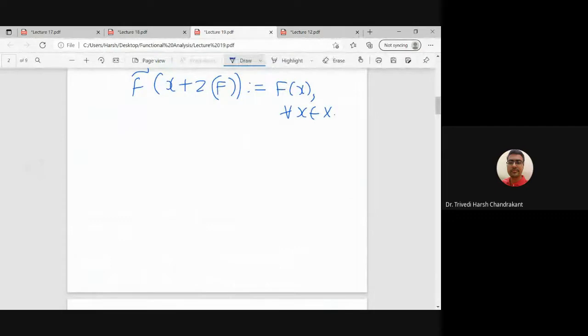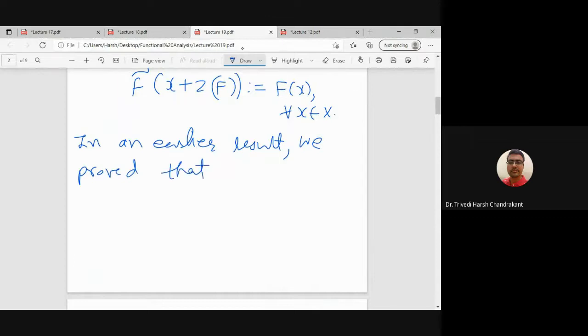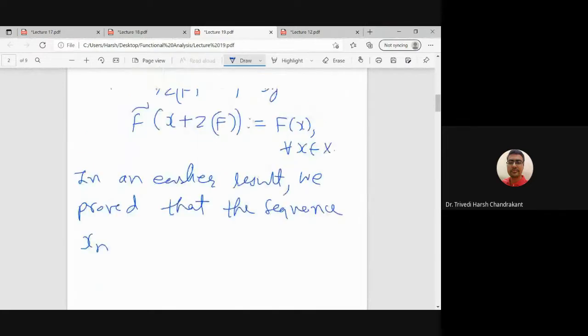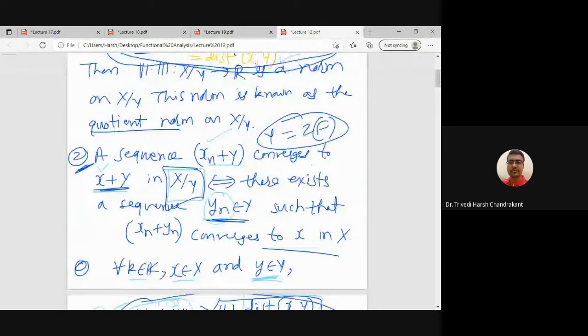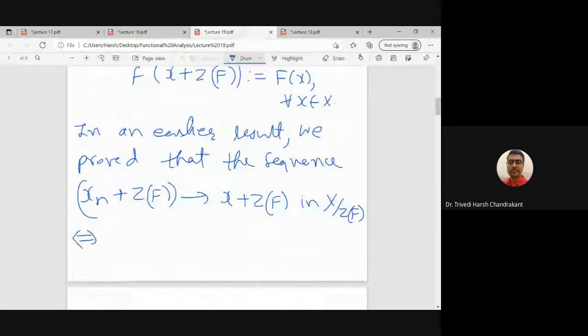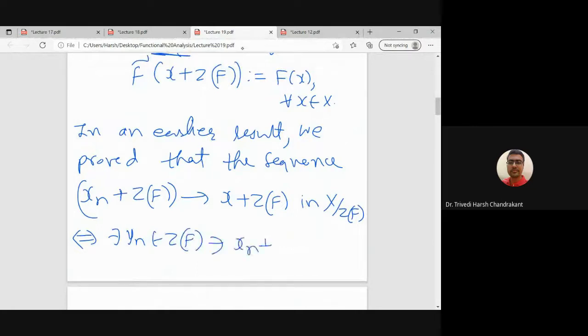So in an earlier result, we proved that if we have any sequence in the quotient space, that is of the form xn plus kernel f, it is a sequence which converges to x plus kernel f in the quotient space X quotient kernel of f if and only if there exists yn in the subspace such that the sequence xn plus yn converges to x, right?